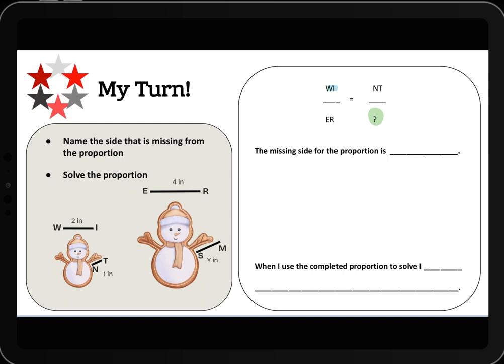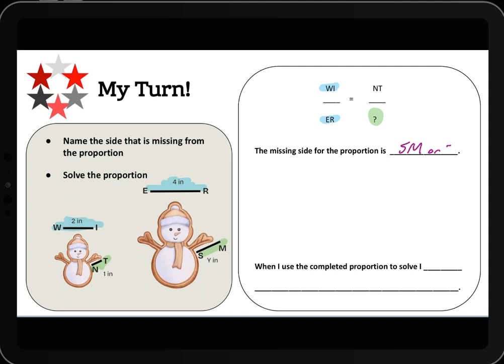They started over here with WI, and they are dividing that by its corresponding side ER. So that means that we are pairing up with NT, in this case SM. So SM is going to be the missing side.